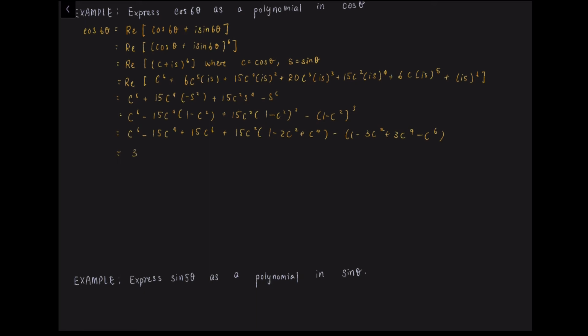Which eventually simplifies to 32c to the power of 6 minus 48c to the power of 4 plus 18c squared minus 1. Everything in terms of cos theta. And we substitute the c back and we obtain this expression.